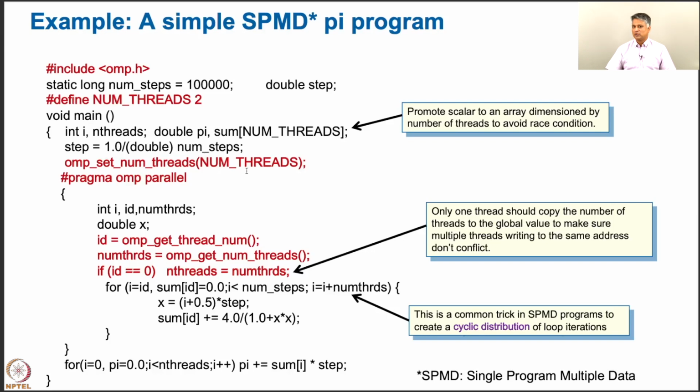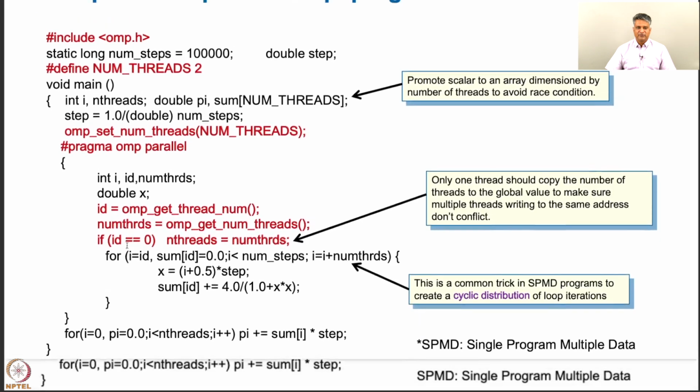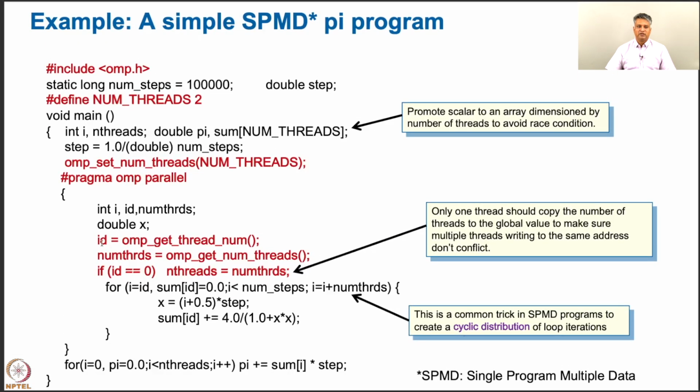We set the total number of threads using the omp_set_num_threads function. Then we have the parallel section which comes in. The first thing that we do is figure out what the identification number is for that particular thread using omp_get_thread_num, and we assign it to the variable ID.